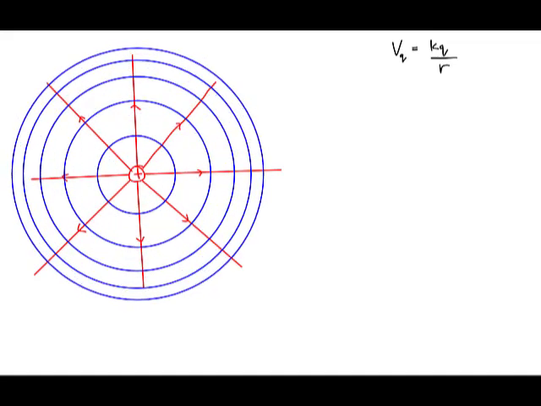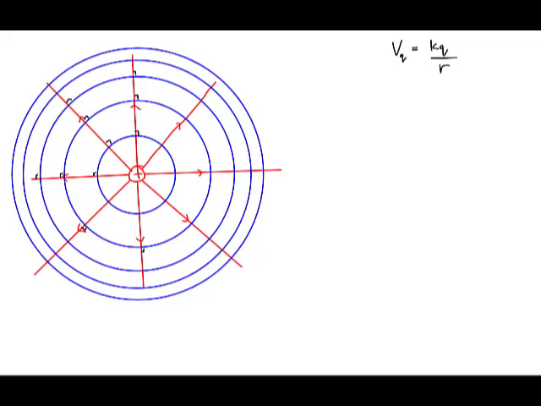Well, there's one thing I want you to notice about the relationship between the electric field and these equipotential surfaces. Notice how electric field lines are perpendicular to each equipotential surface. And that's the nature of the electric field and equipotential surfaces.